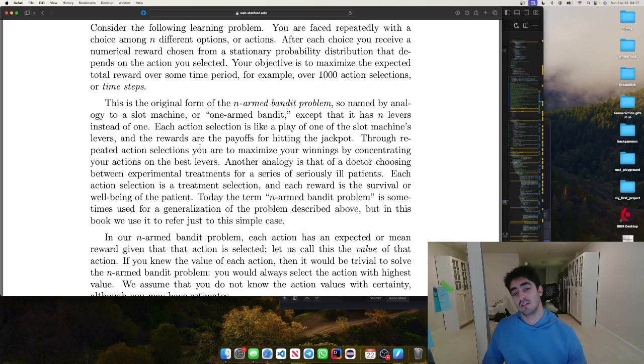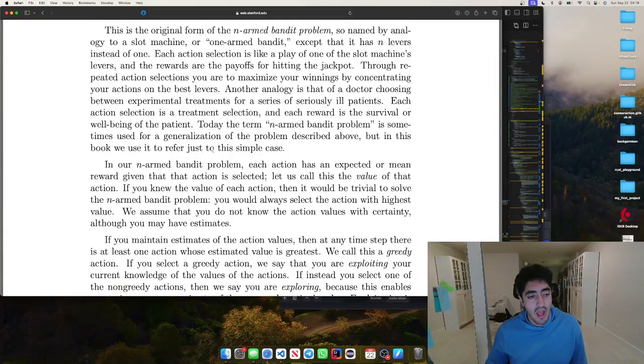Today, the term n-armed bandit problem is sometimes used for a generalization of the problem described above. But in this book, we use it to refer just to this simple case.